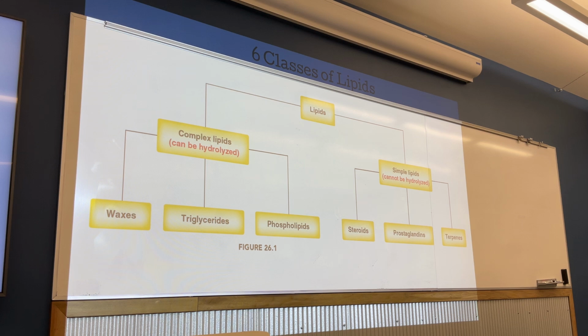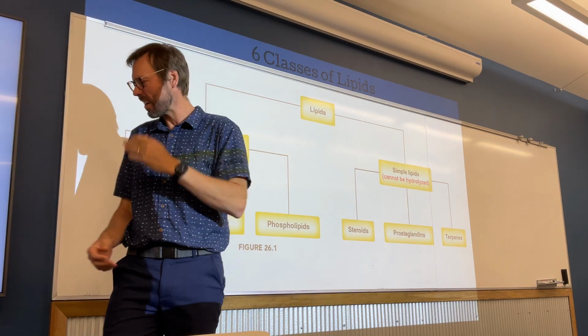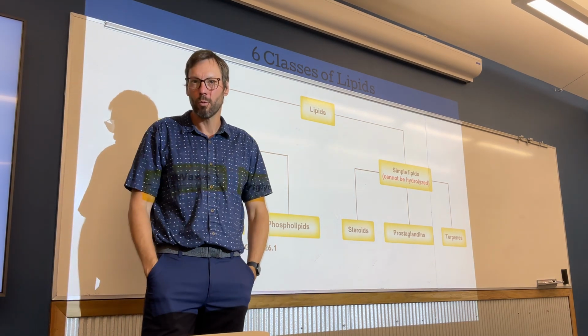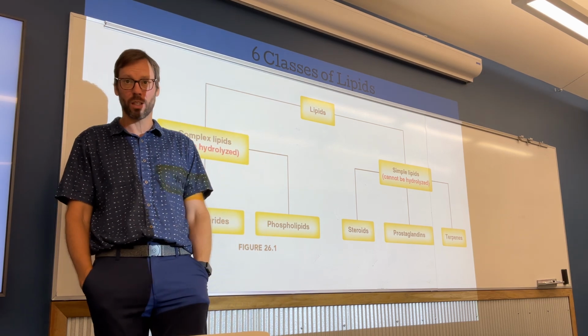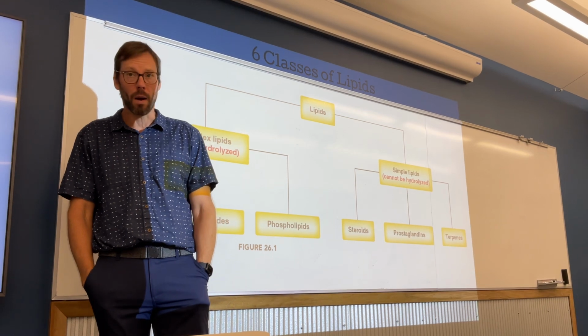Structurally, triglycerides and phospholipids are similar, right? But waxes, a lot of them have esters. Some functional groups you'll see in a lot of these, but not necessarily all of them. In fact, terpenes don't have to have any functional groups except for double bonds.